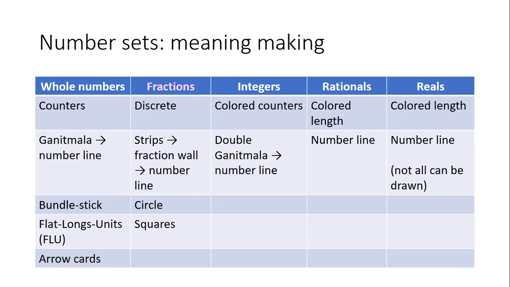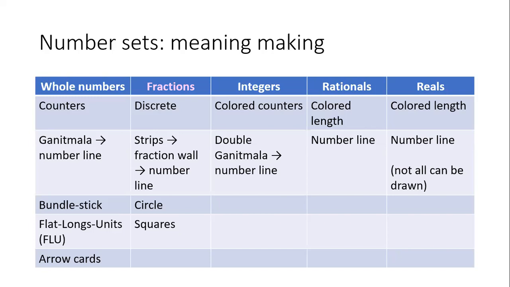Now I know that you have used the discrete model for fractions. So if you wanted to show 3/5, you would make a collection of say 5 stones and separate out 3 of them. So that's 3/5. That's what I'm talking about in terms of discrete.